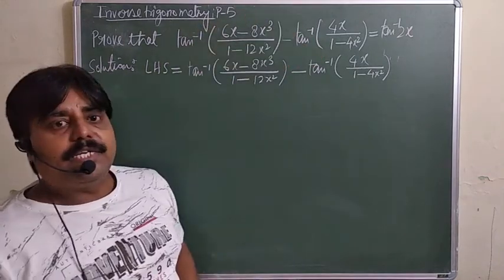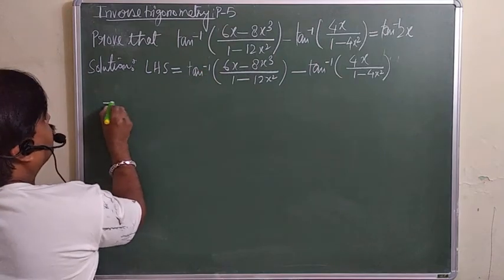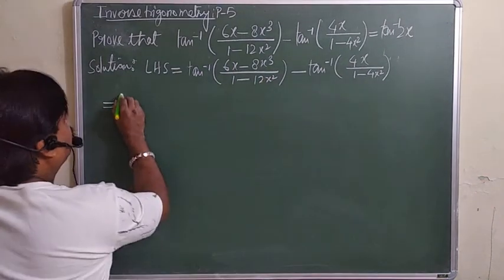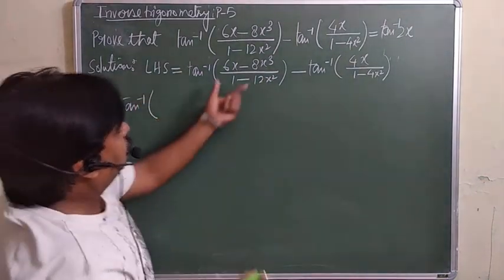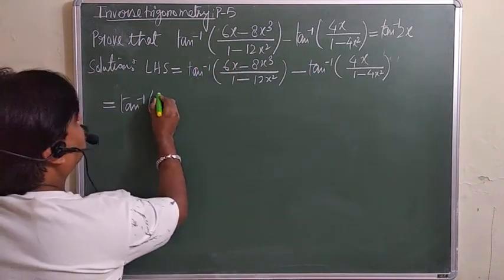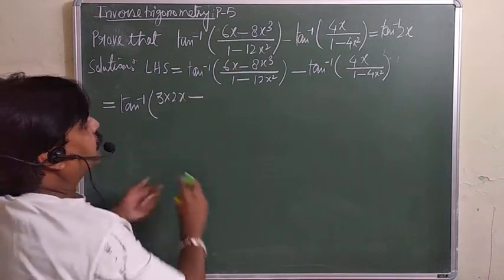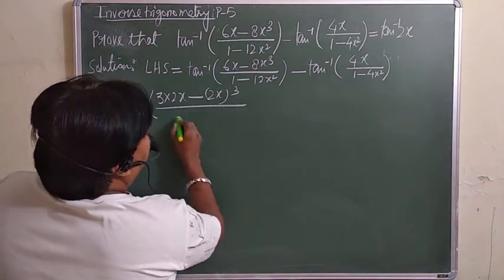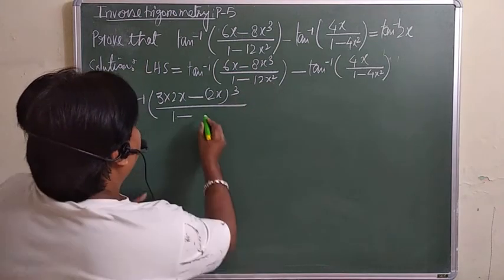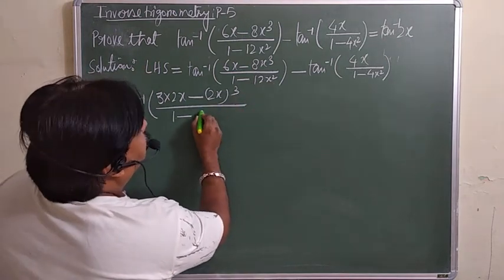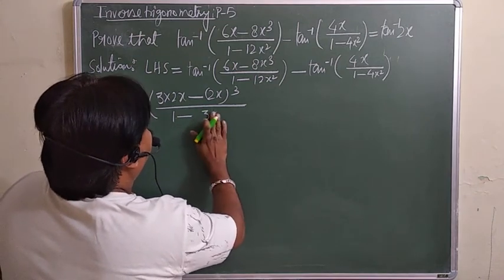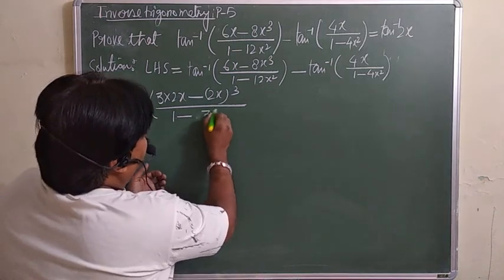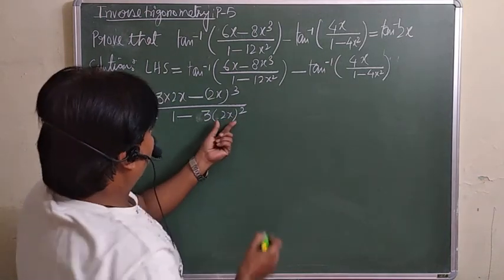You can apply the trick. See, look at it now. This left hand side I am taking and we will try to get this right hand side. The trick is here: this tan inverse, this one can be written as 3x, you can write 3 into 2x minus 8x cube can be written as 2x whole cube over 1 minus 12 can be written as 3 into 2x whole square, because 4x square into 3.